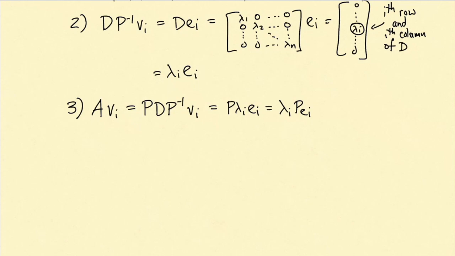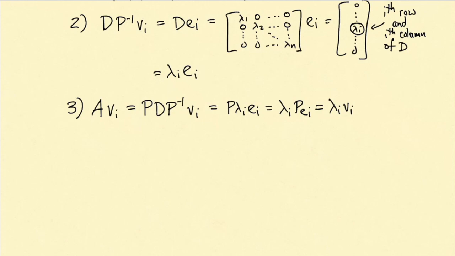We know that when we multiply a matrix by the ith basis vector, we simply get the ith column of our matrix. But that's simply v_i. So we can see here that A multiplied by v_i is lambda i v_i, where lambda i is the ith entry along the diagonal of our matrix D.